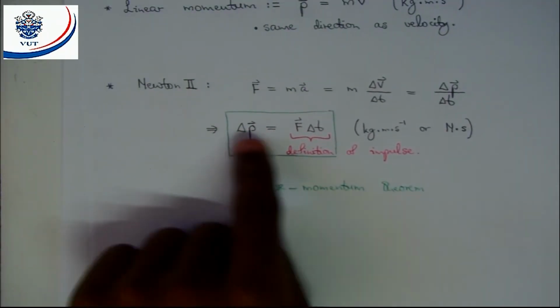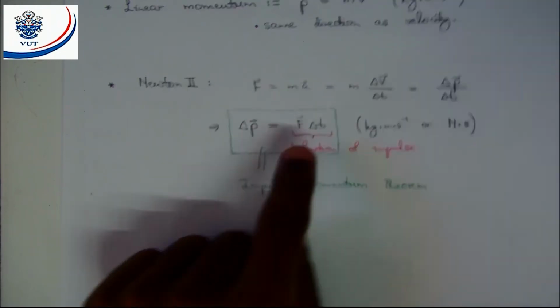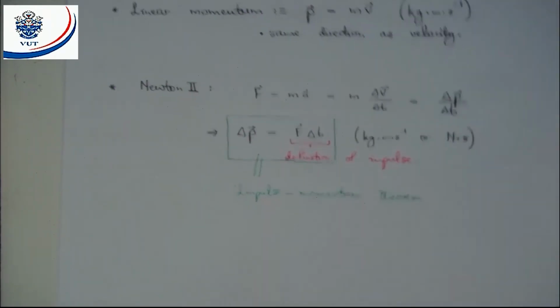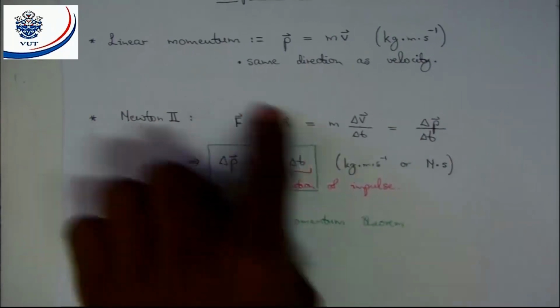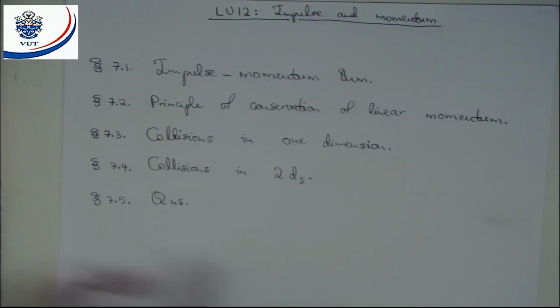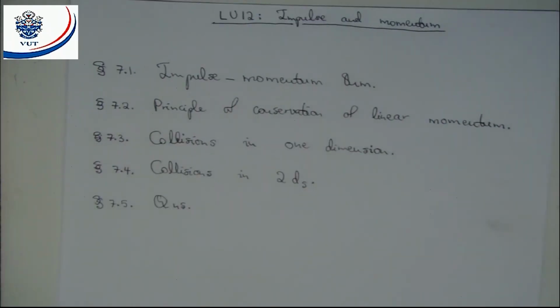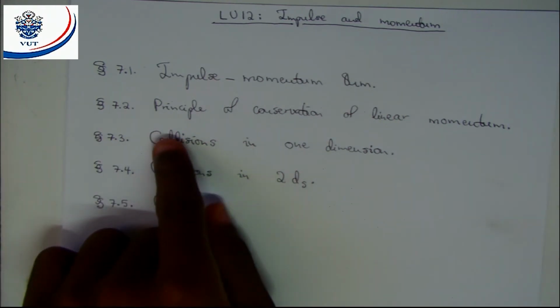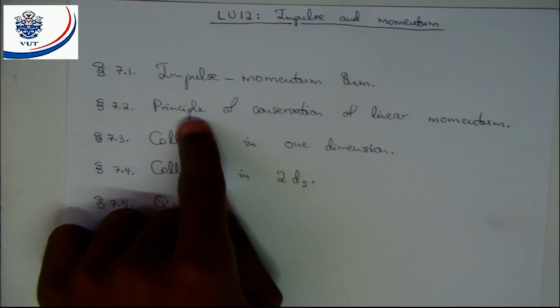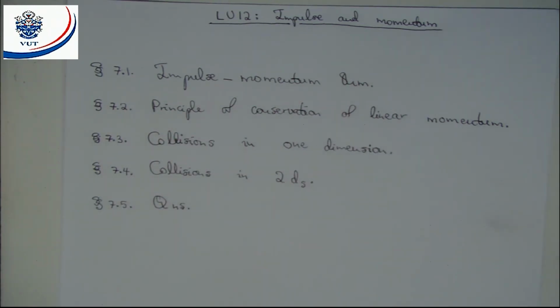So that was delta p is F delta t, and we said those are the units that we use, and it came from Newton's second law. And then after that, we studied the principle of conservation of linear momentum, which tells us that if we have an isolated system, the momentum before equals the momentum after.